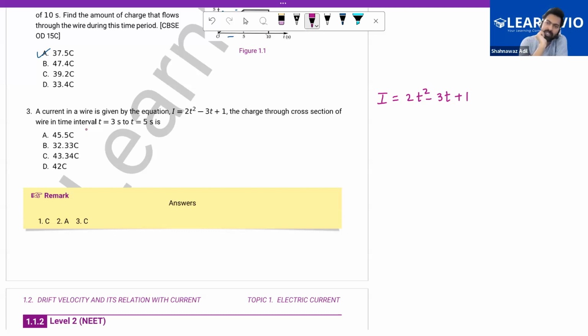Now you tell me how this current is related with the charge. What is the definition of this current? Remember, this is not the steady current. Steady current means that this current will remain the same always, but this is changing with time. So this is the instantaneous current. What would be this current?